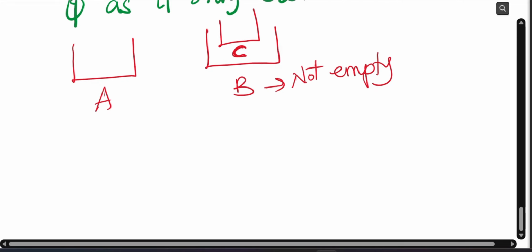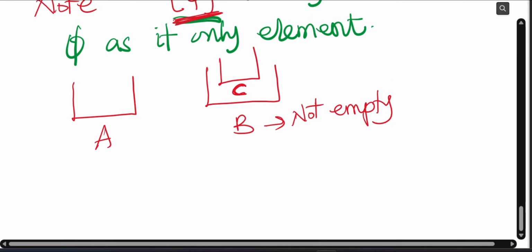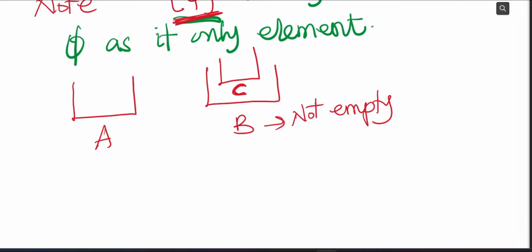On this note, if you solve any question and you have an empty set as your solution, let's say you solve for a set S and the set S has no element or is an empty set, in other words, we say a null set.